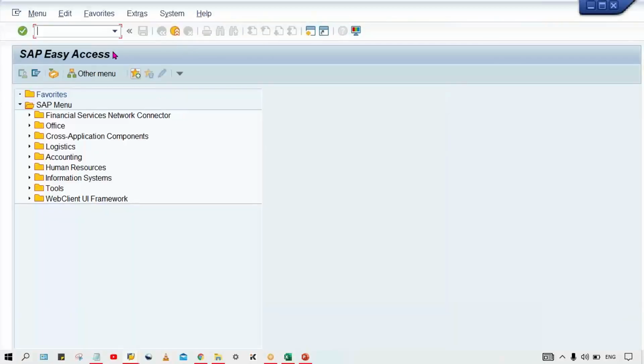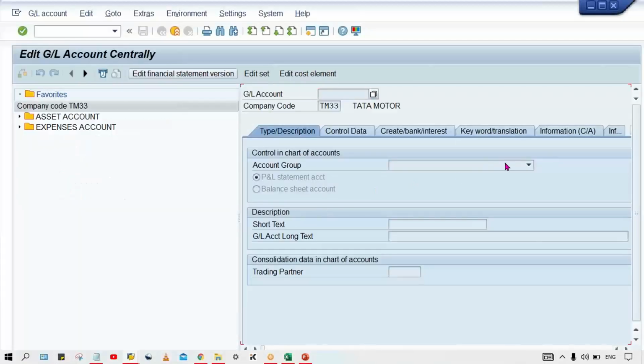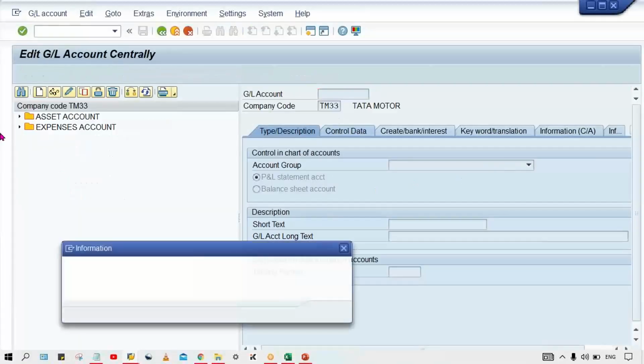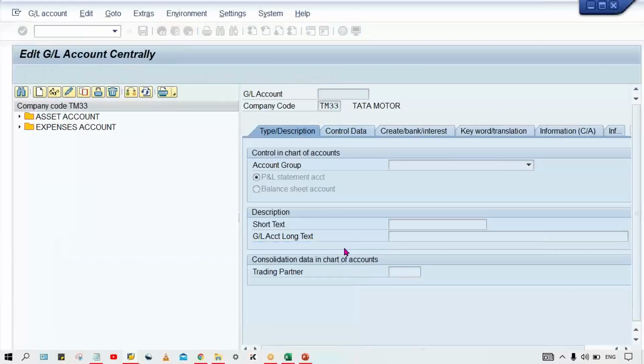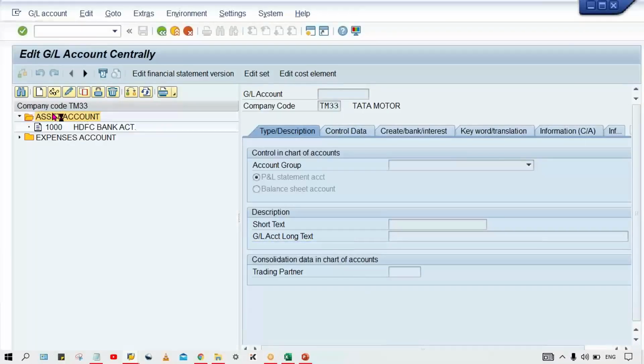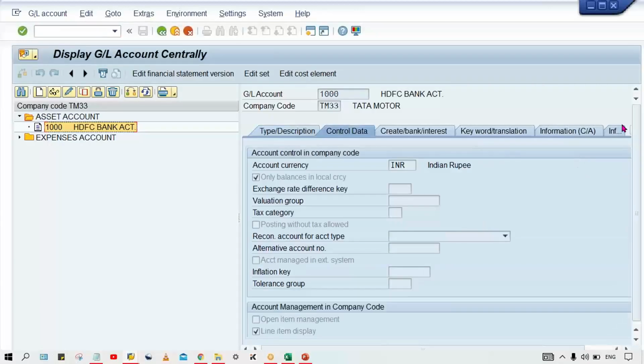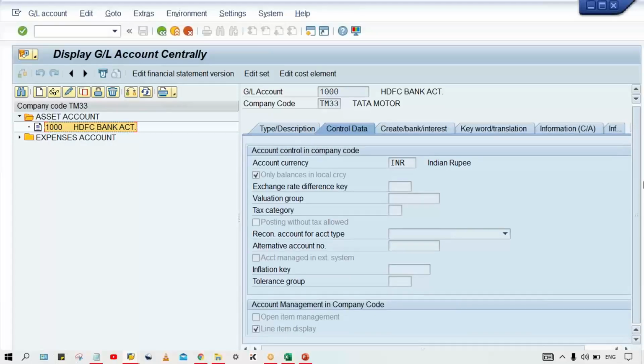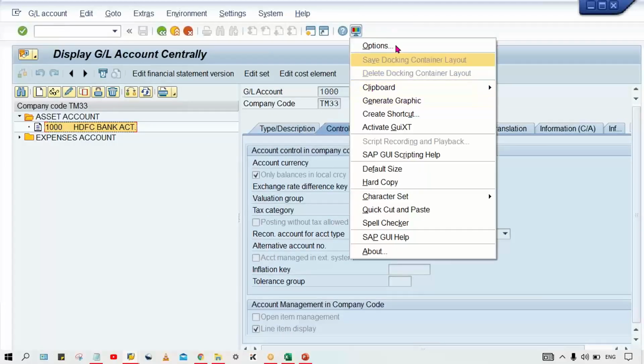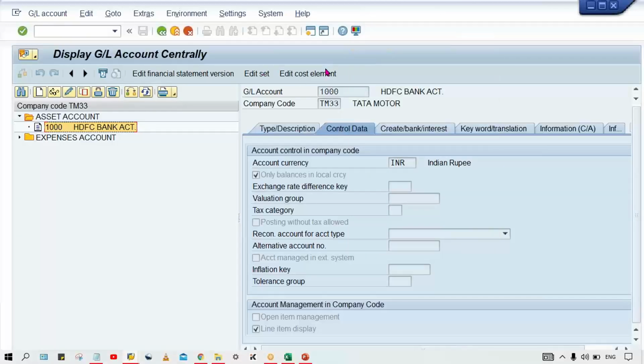Because the problem is, if I use FS00, here is the challenge. Everything is fine. Better to keep 11 only.